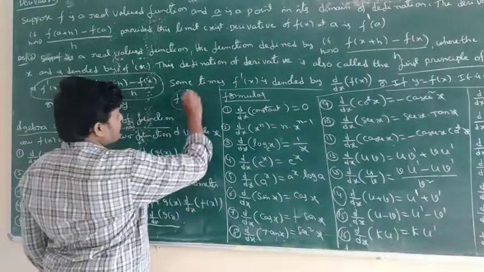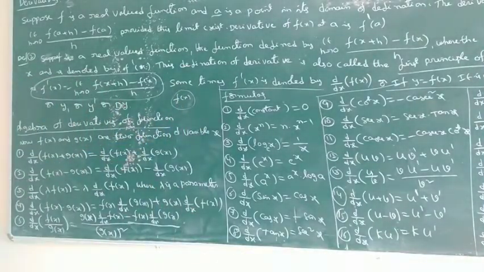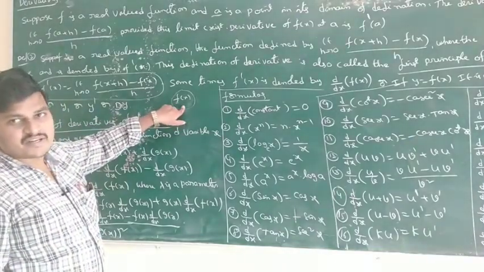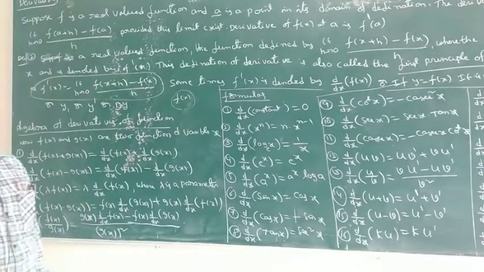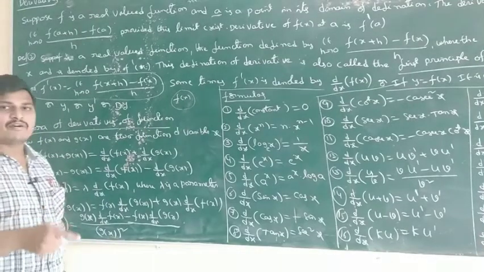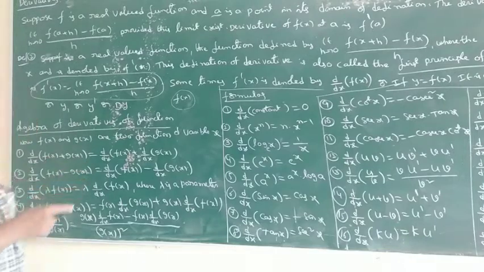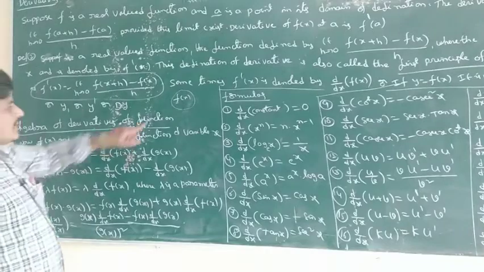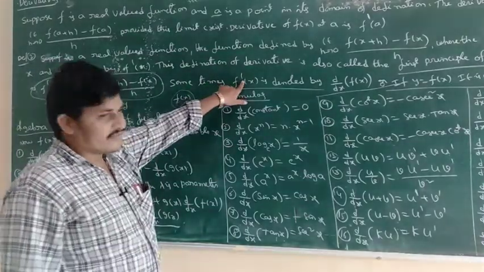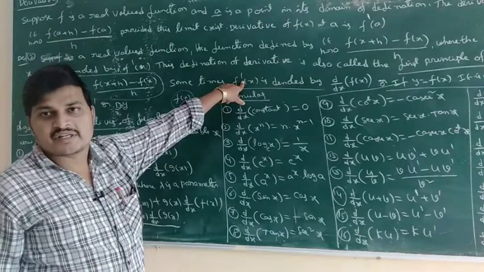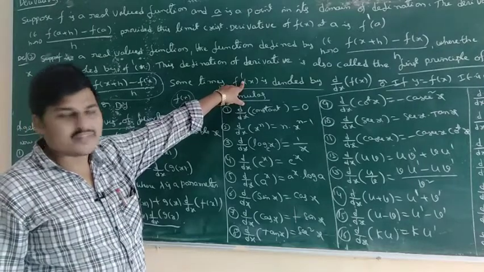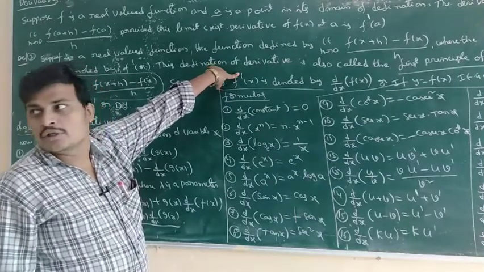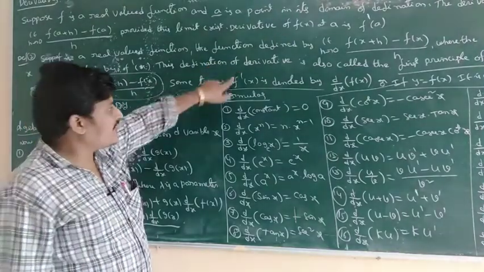The derivative of f of x is denoted by so many types. F of x derivative, f dash of x. The derivative of f of x is denoted by f dash of x; one dash means one time derivative, two dash means two time derivatives, f dash of x.